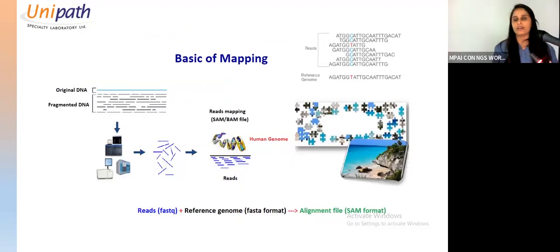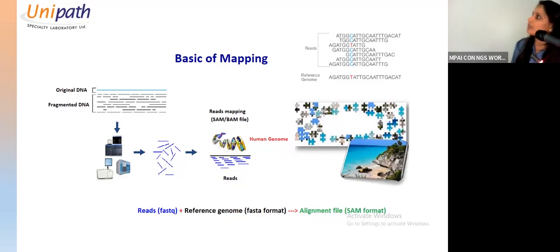Then we have a FASTQ file. Now we have a reference. Then I told you that from the FASTQ and the reference, you get a BAM file. But how do you get it? This is just a graphical representation, as I cannot show you the Linux BAM format because you will not be able to understand that. Once you have a sequence here, and this is the human genome which you have taken, you can consider this black as the human genome, and these are the reads which are not yet bound to it.